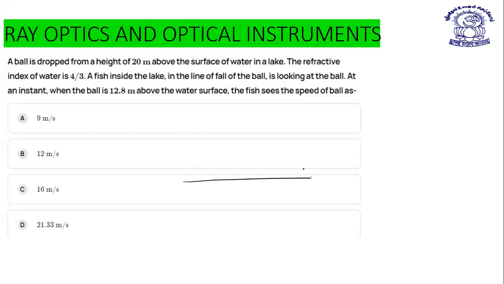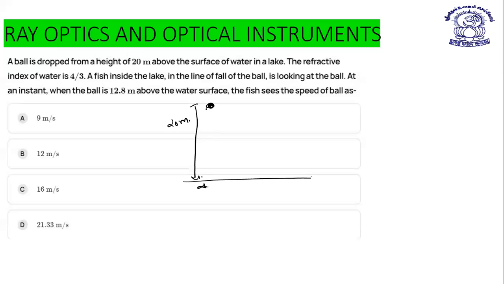Here, the ball is dropped from 20-meter height above the surface of water and the fish is inside the lake. Let us assume it is just below the surface.